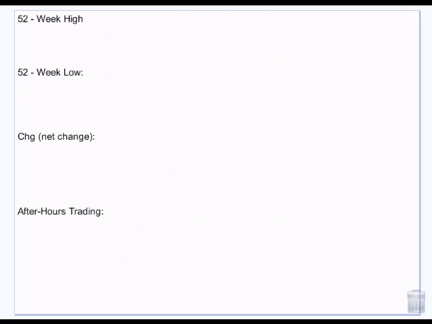The 52-week high is the highest price of the stock over the last 52 weeks. 52 weeks is a year, but it shifts a week at a time. So it's the last year from this week. We go 52 weeks back this week, and the next week we go 52 weeks back from next week.